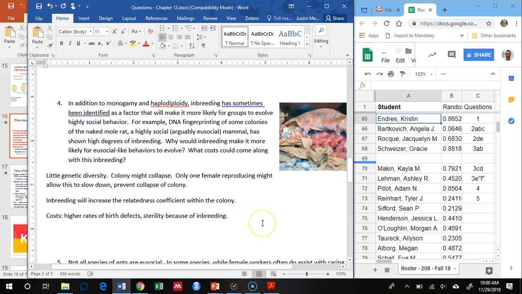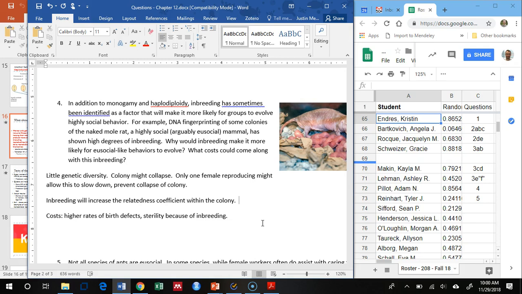So the costs are still potentially very high. Inbreeding has lots of deleterious effects, and going back to your earliest genetics lessons, I'm sure you've been talking about that. But it does really increase the relatedness coefficient. And one of the things we've been saying is that the way you can get social behavior happening within a population is if there is a high relatedness coefficient, because then you've got a big payoff.